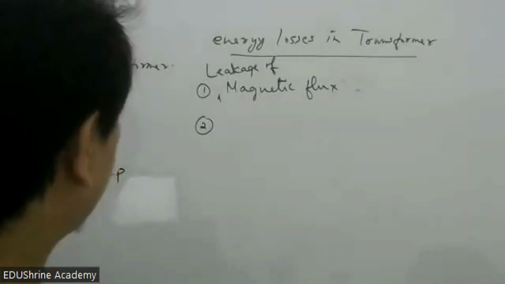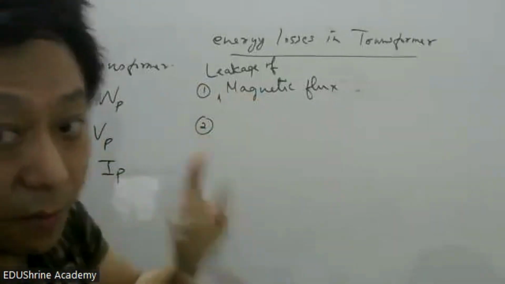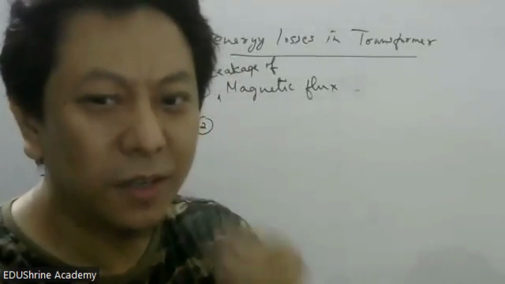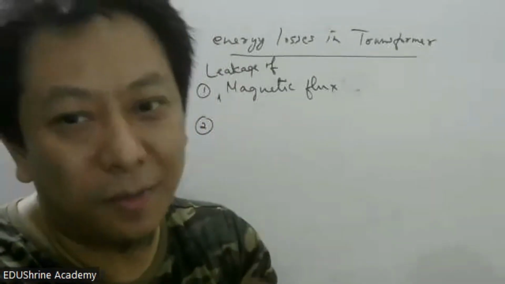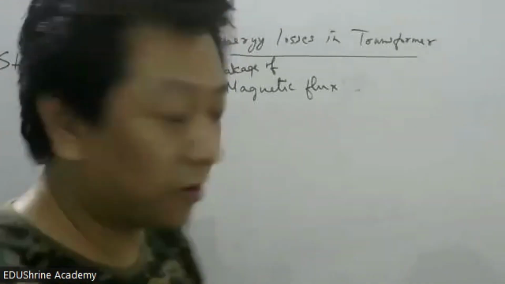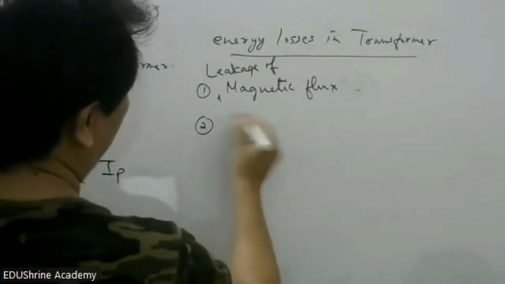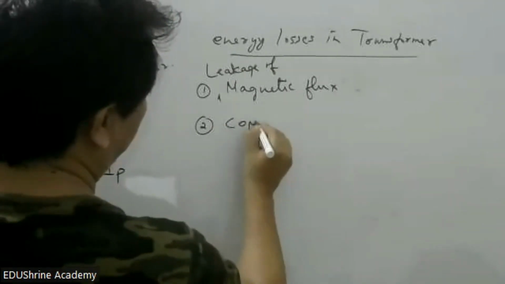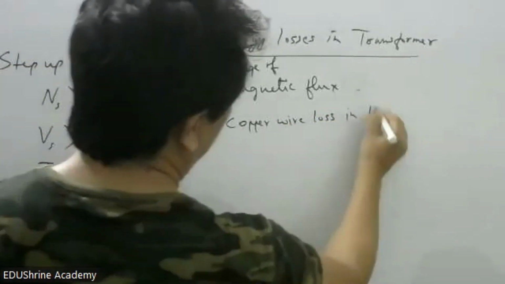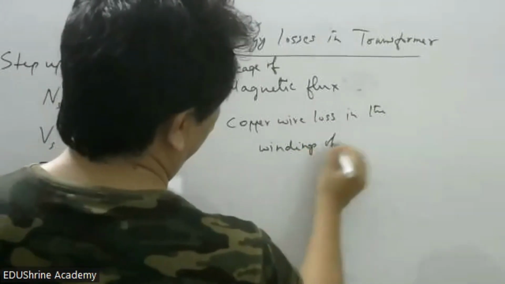Number two, those copper wires which we used, those windings, they themselves will have resistance. I assume their resistance is negligible, but some resistance they will have. And because of that resistance R, there will be some heat loss, I square R. So that is called your copper wire loss in the windings of the coil.